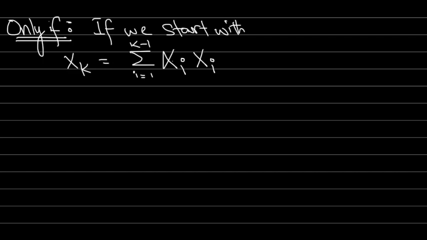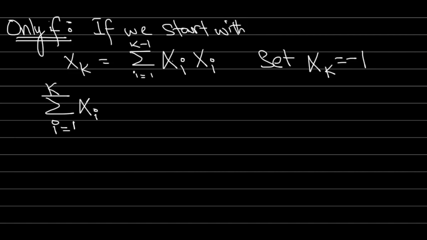Then we just have to set alpha k as negative 1. And if we do that, then we have the summation i is equal to 1 up to k of alpha i xi, that is equal to the summation i is equal to 1 up to k minus 1 of alpha i xi, right?